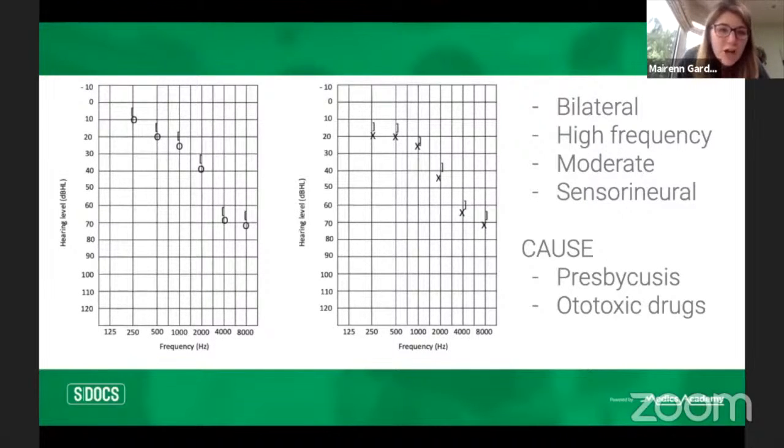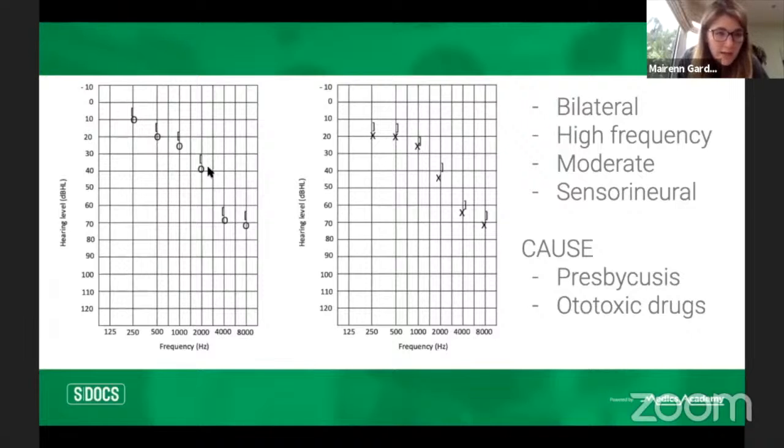Next case. Here, because you've got matched bone and air conduction, as you can see the bone and air conduction follow each other, it suggests that it's sensory neural. Unlike the other one, this one is bilateral, and the hearing loss is at the higher frequencies.